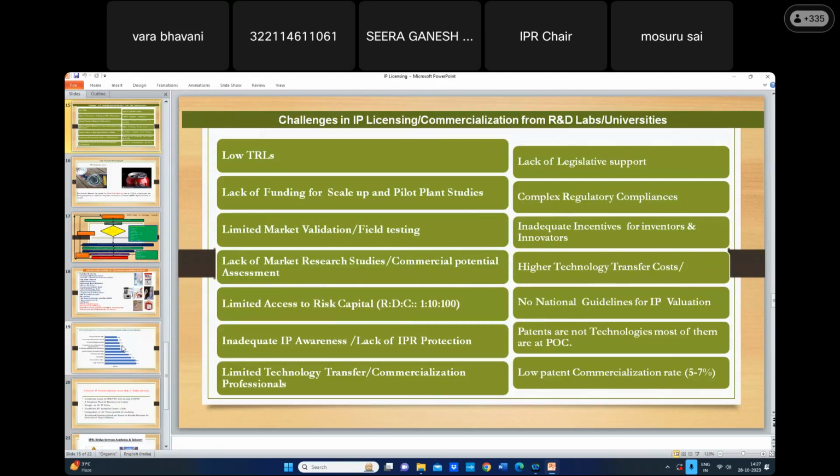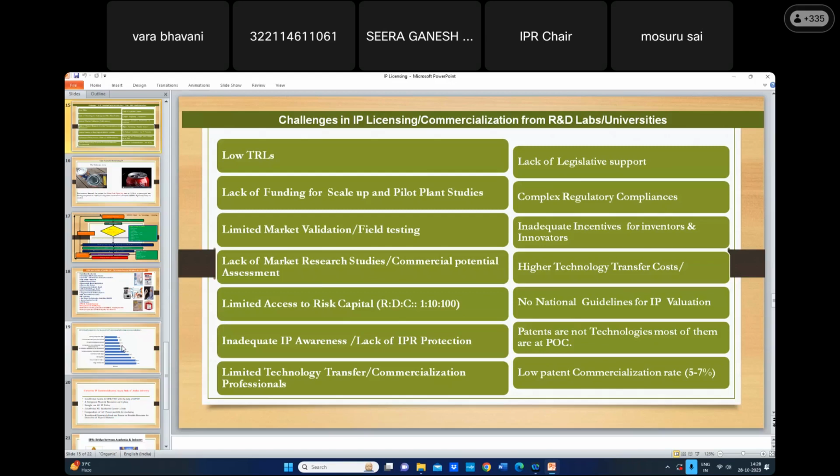But most of the patents we are filing and trying to license have low technology readiness levels, TRLs we call it. The technology readiness level is measured over a scale of 1 to 9. TRL level 6 and above is the ideal stage for licensing. But most of our technologies are below TRL 6, mostly TRL 3.